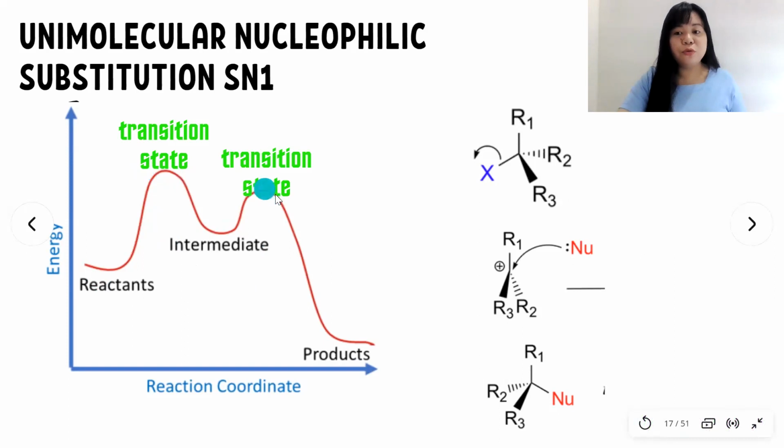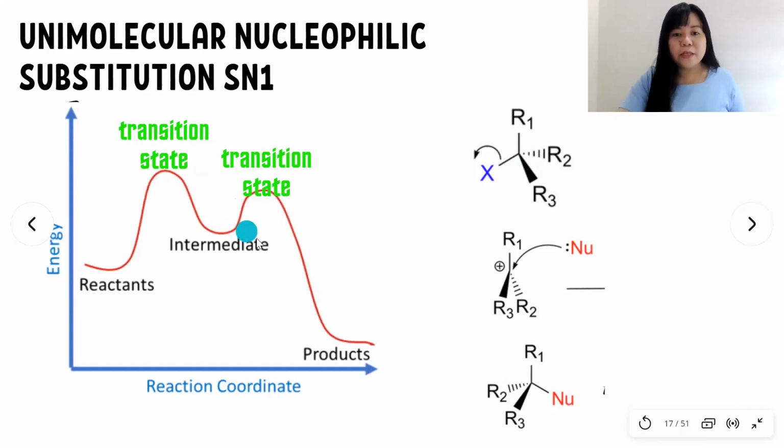Okay, so here we have two transition states. The structure for the first transition state would be intermediate between the reactants and the reaction intermediate. So in this case, the transition state would have a structure where the leaving group has partially left the structure. Or in other words, this bond between the leaving group and the alpha carbon is partially broken. So that's what the high energy transition state structure would look like.